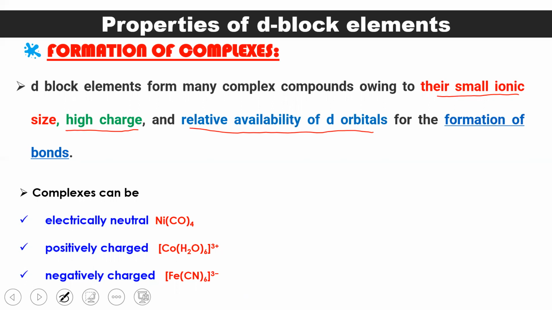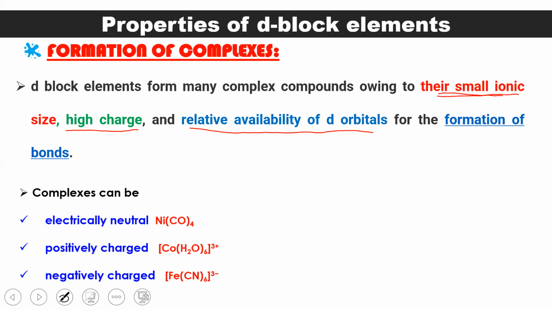Due to the presence of these D orbitals, most of the D block elements are involved in the formation of complexes. So what is the reason? The small ionic size, high charge and relatively available D orbitals.